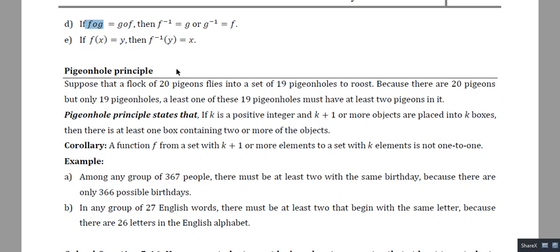It is obvious actually, because you have a lesser number of holes but more pigeons. So at least one hole will accommodate more than one pigeon. You just go through this.